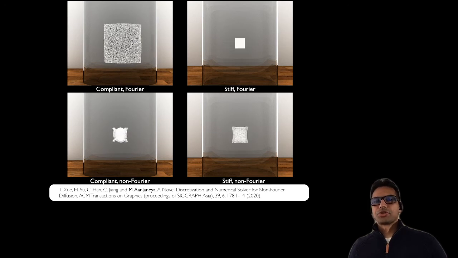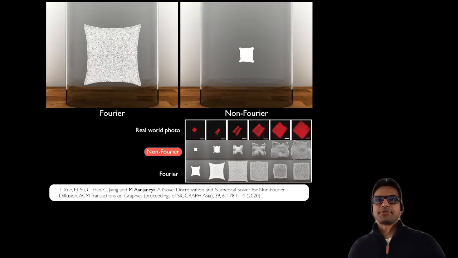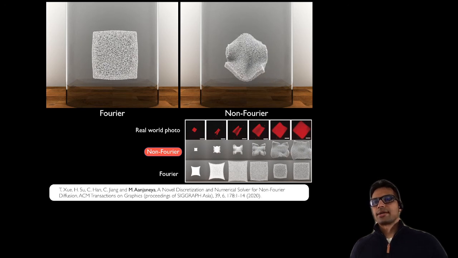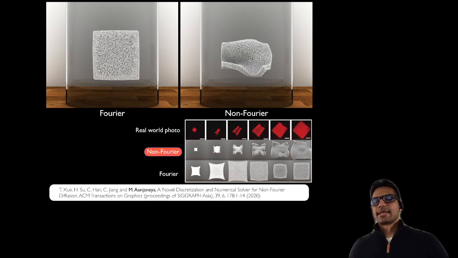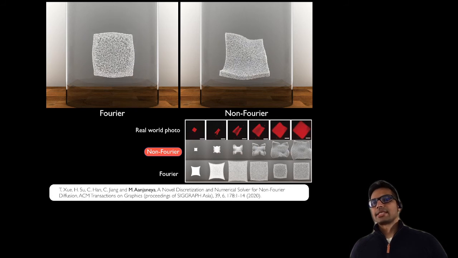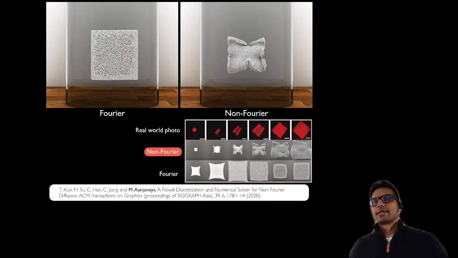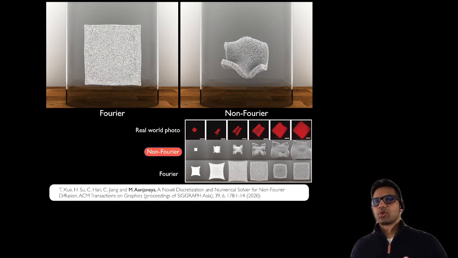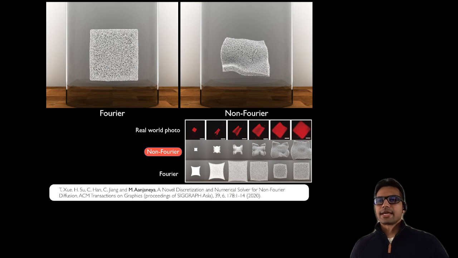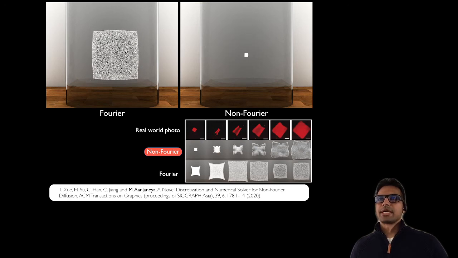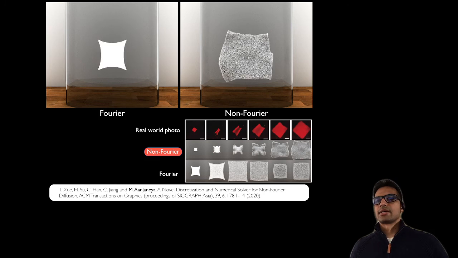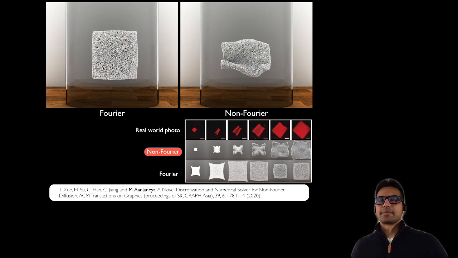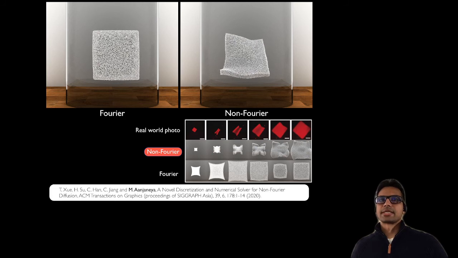And this is not just of visual importance because if you look at real-world imagery for how a hydrogel expands, then you can see that it exhibits these folding patterns. And what we observed was that with CF diffusion, or more generally non-Fourier diffusion, we can qualitatively get some folding behavior for this hydrogel, whereas the Fourier-based hydrogel exhibits completely isotropic expansion and contraction.